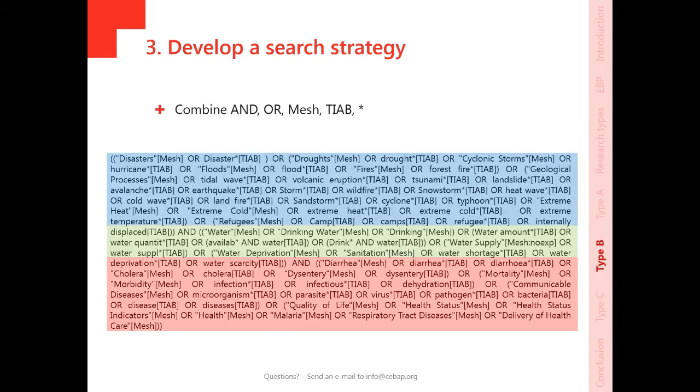These 3 blocks are combined by the command AND, because we want papers who comply to all 3 of these blocks. So we want papers who are related to a disaster, who are related to water, and who have the correct outcome measures included.